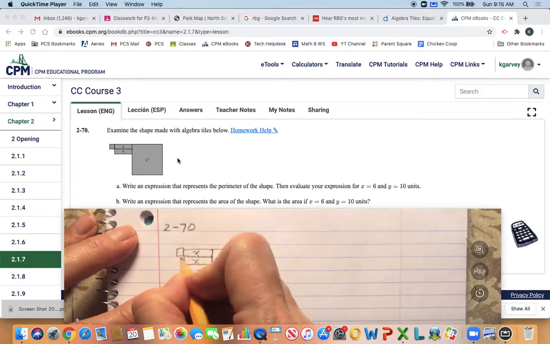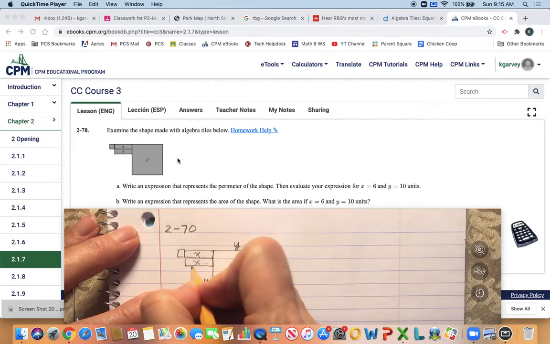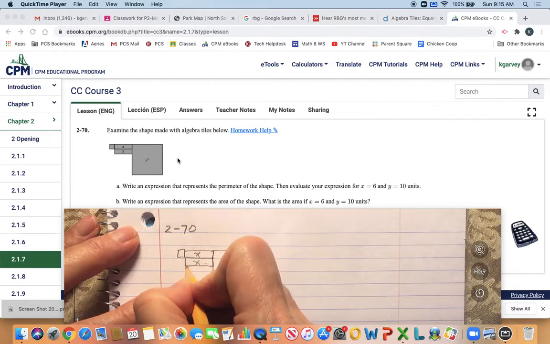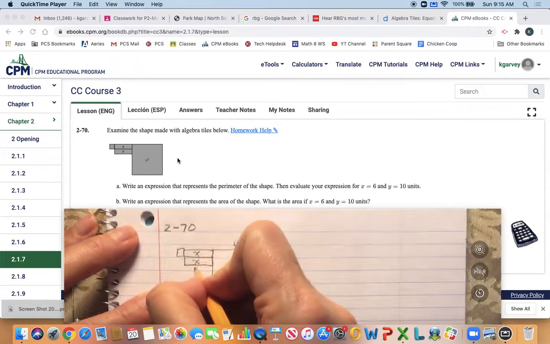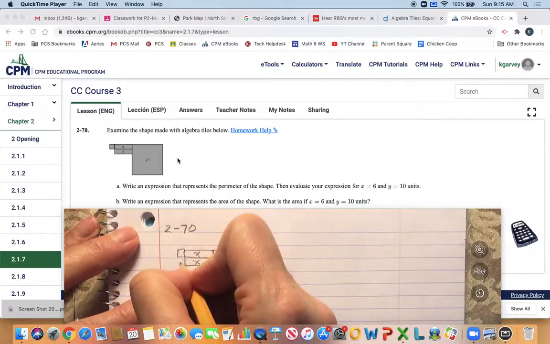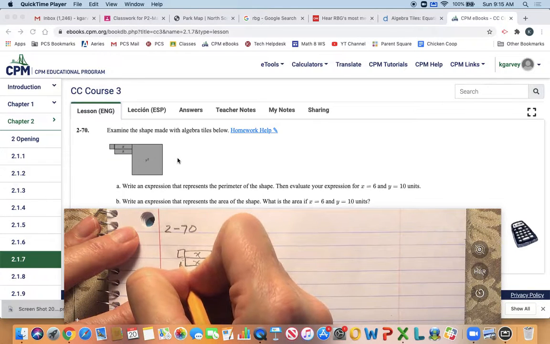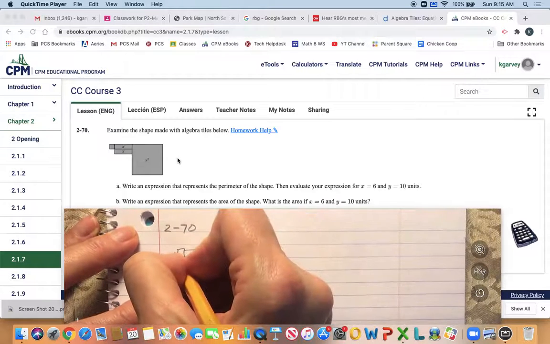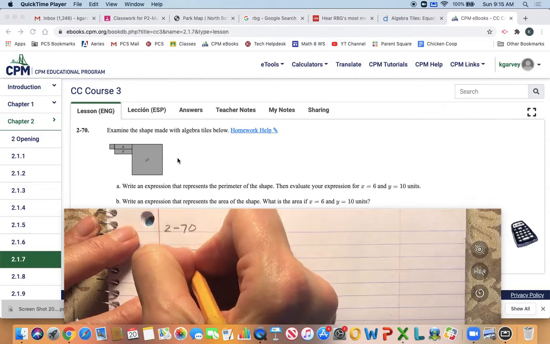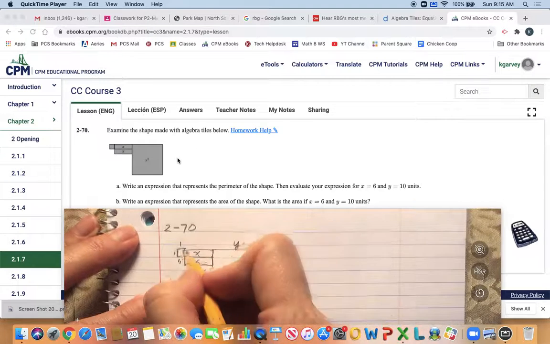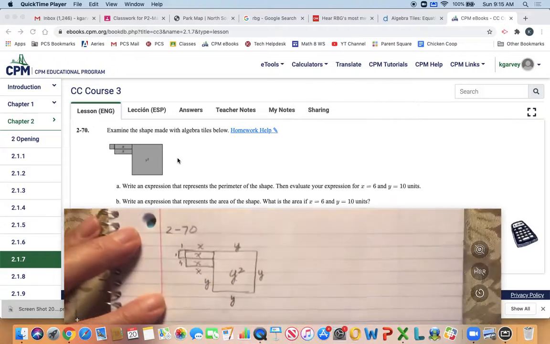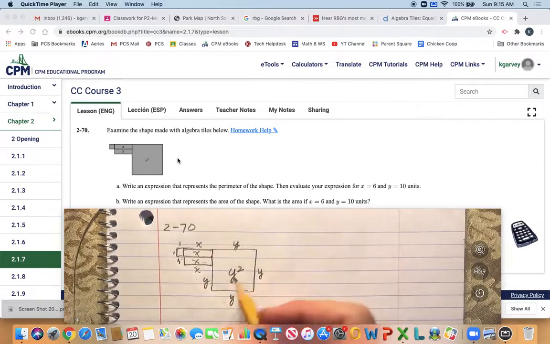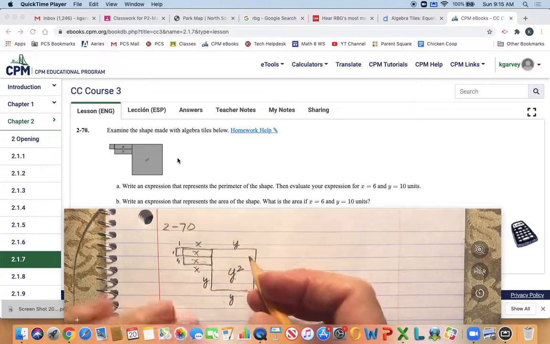This is an X tile. That's the area. So I know it's 1 by X. So 1 times X is equal to the area of X. So this side is X, but this short side is 1. And then this side here is going to be another 1. And then this side is 1. This side right here is 1. And then we've got another long X side, so I'll call that X. All right, so now we just have to add all these up.